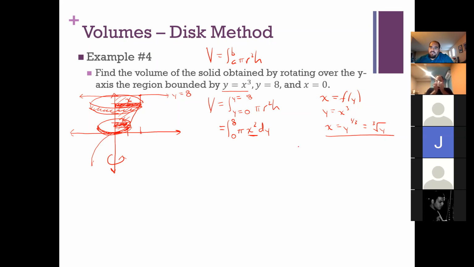So this right here was the next piece in the puzzle. But now I can drop that in for my x. So I'll just leave it as y to the 1/3 squared dy.